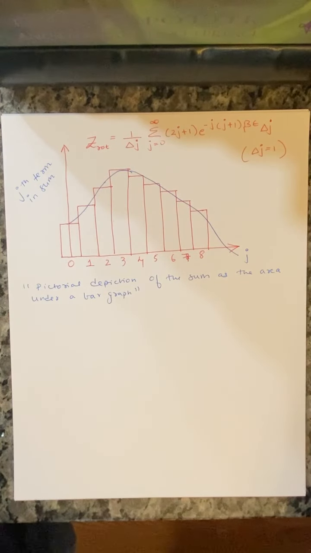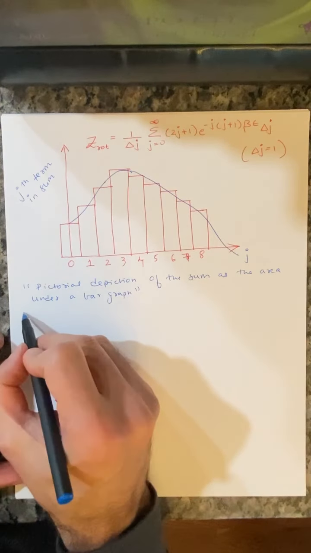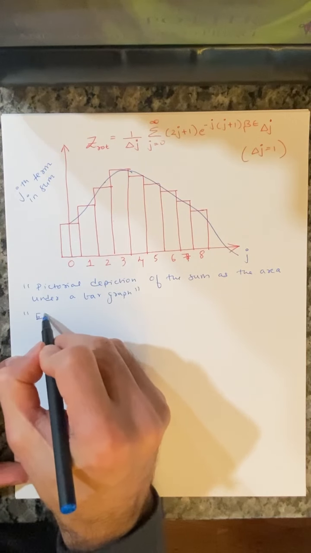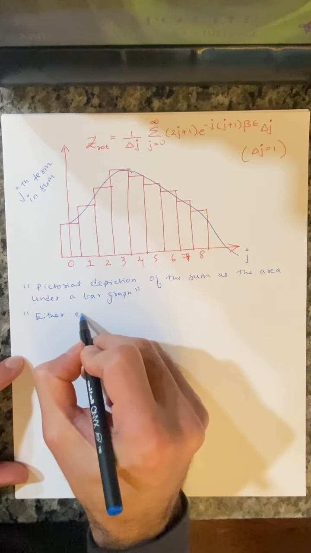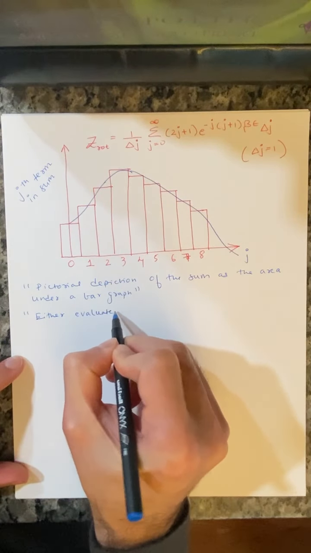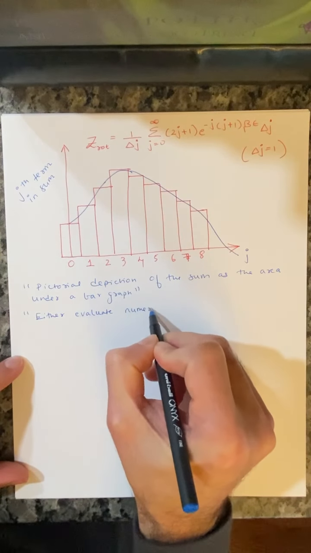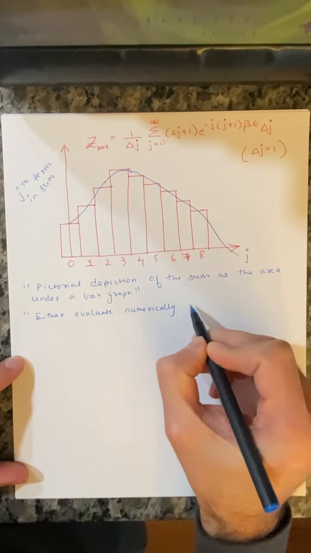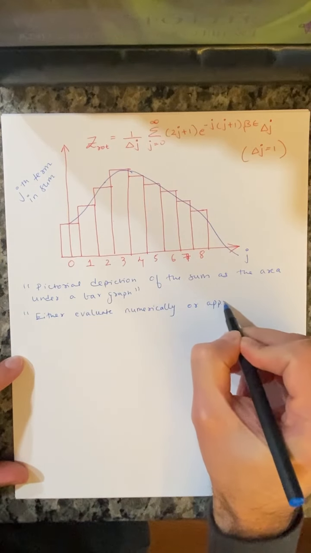I truncated it here at 8, right? What you can do is set the energy scale for this particular case. And our goal is either to evaluate numerically or approximate.